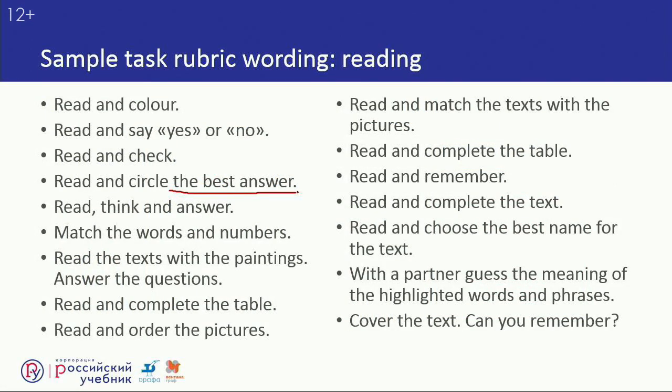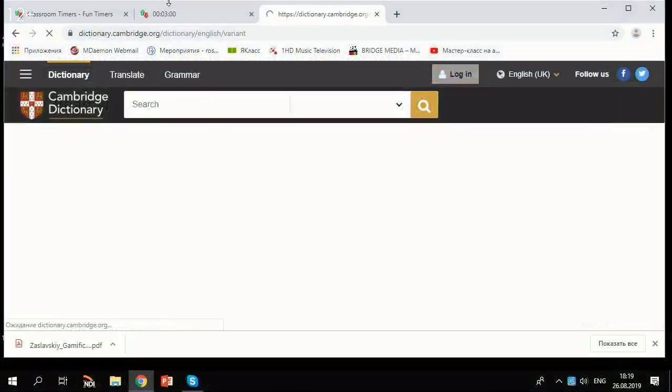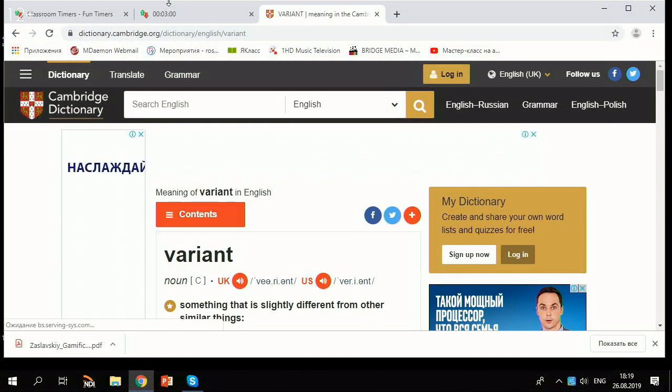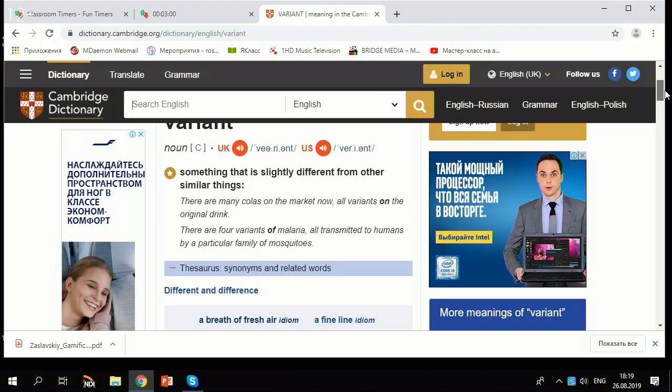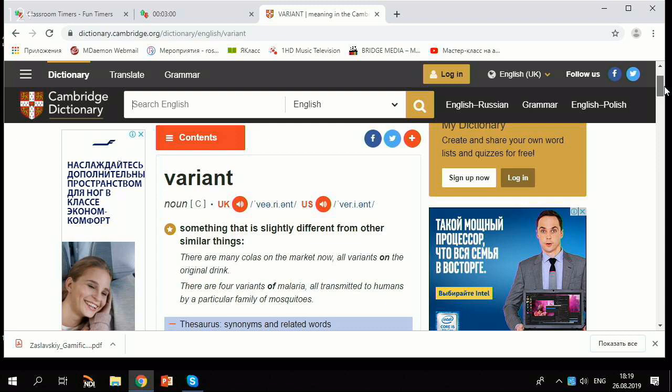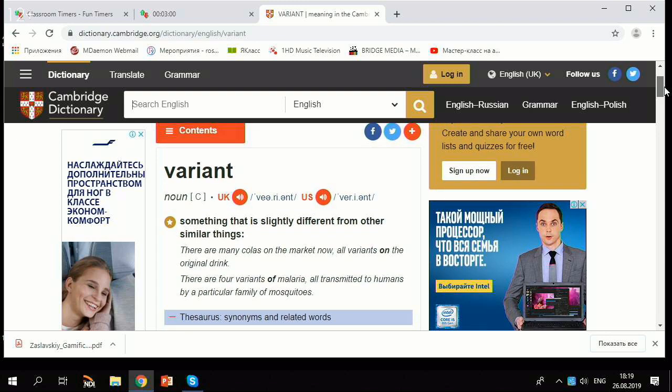The problem is that this word is not used in this particular meaning in the English language. So if we go to the dictionary, the definition of the word variant is something that is slightly different from other similar things, and the examples that you get here: there are many colas on the market now, all variants on the original drink. So all other than the original drink.